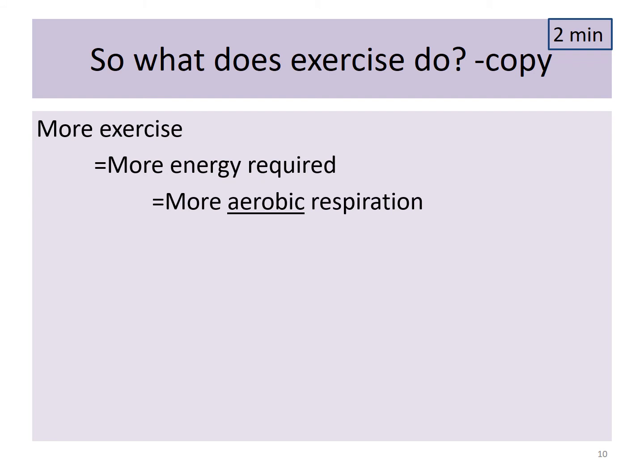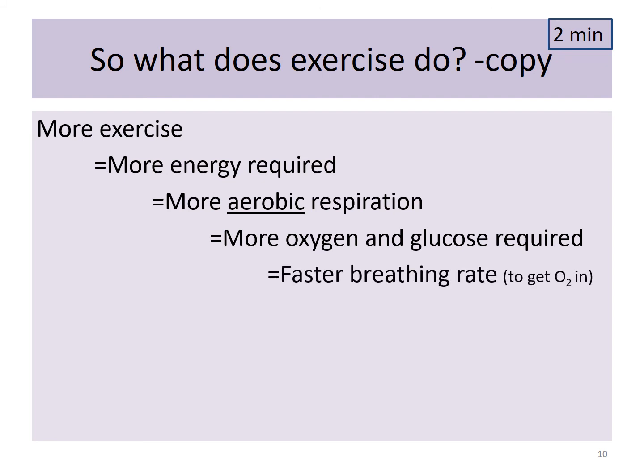And if we've got more aerobic respiration, we're going to need more oxygen and glucose for that reaction. And if we need more oxygen and glucose for that reaction, we're going to have a faster breathing rate to get that oxygen in, but we're also going to have a faster heart rate to deliver that oxygen.